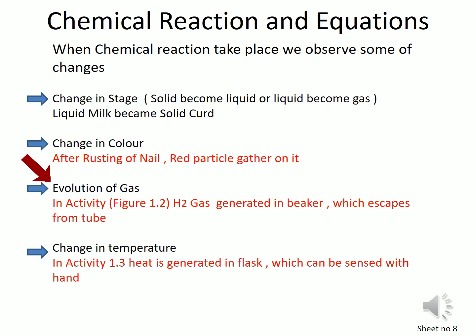Third one is evolution of gas. See, in our activity figure 1.2, hydrogen gas is generated in the flask and comes out of the tube. So this is also one of the indications, evolution of gas. Then the last one, change in temperature. In activity 1.3, heat is generated in a flask which can be sensed with the hand. So this is one of the signs of chemical reaction.